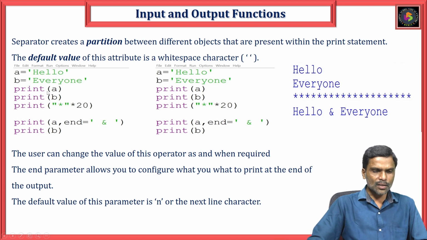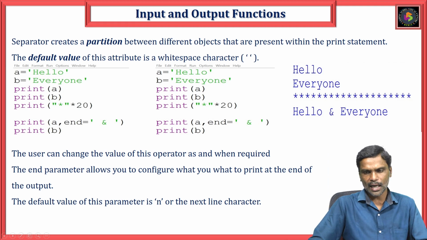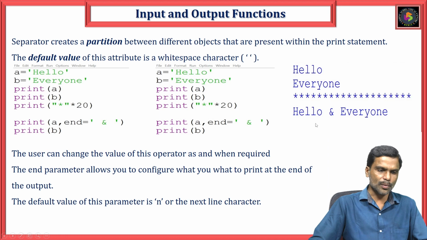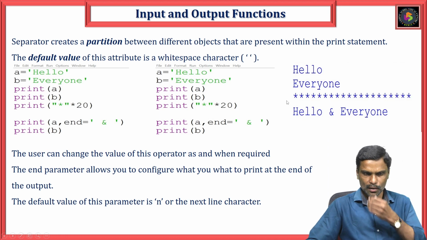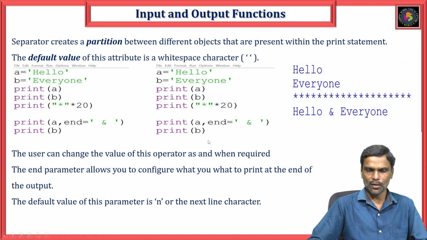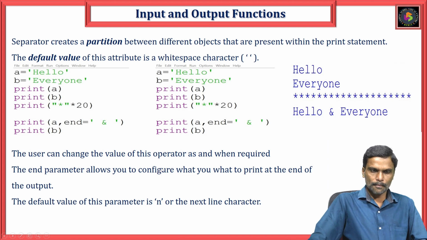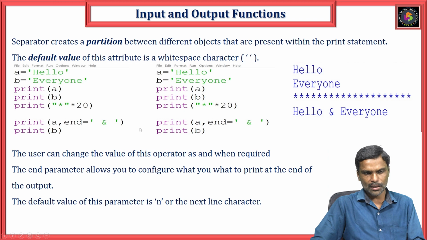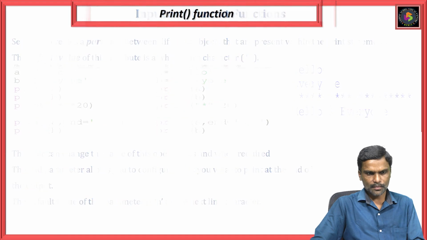And otherwise, if I give print a comma b separate is equal to ampersand in single quote, you will get hello ampersand everyone, whatever you give. If you give and, you will get and. If you give some dollar, you will get dollar. Hello everyone will be separated by dollar. Okay, we have already discussed this just now. This is the same slide from the previous one.